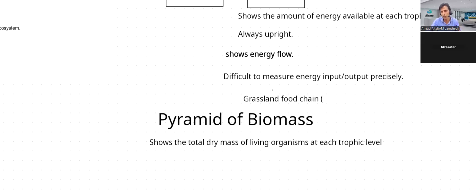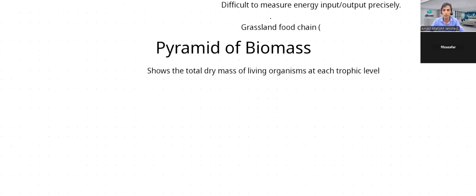So what is the advantage of the pyramid of biomass, Filza? It reflects the standing crop of organisms. Because it's a pyramid, at every level there are some producers, there will be some consumers, and again some other consumers: secondary consumers, tertiary consumers, and quaternary consumers.